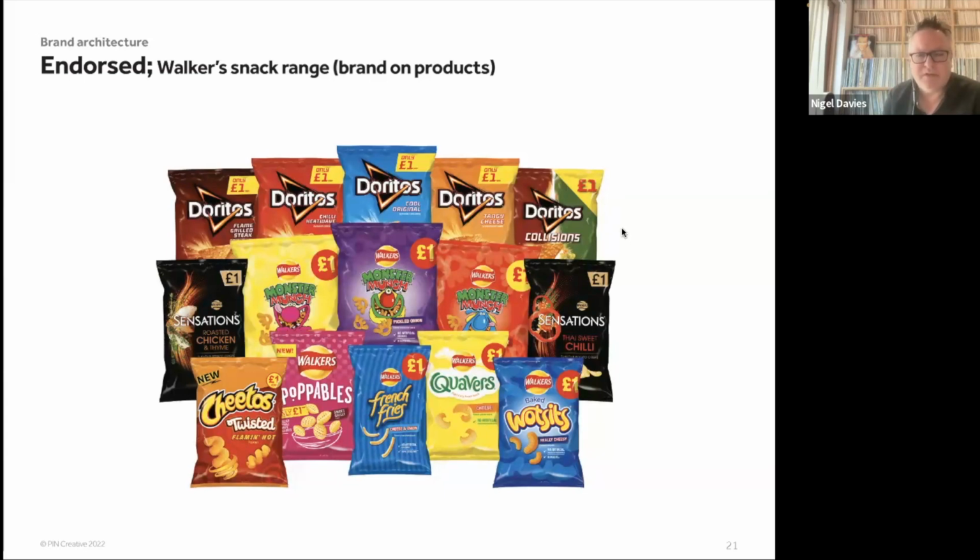But they're actually using some of their existing brand elements to attract that audience, because people have bought into the Walkers brand, they believe it's a great brand, so they can stretch that and endorse other products and services with their brand. Sometimes you'll see that, so Walkers do Doritos, the logo is just on the back, but it's quite large and it's quite dominant. So this is all about getting the parent brand association and stretching it across different products to reach different audiences.